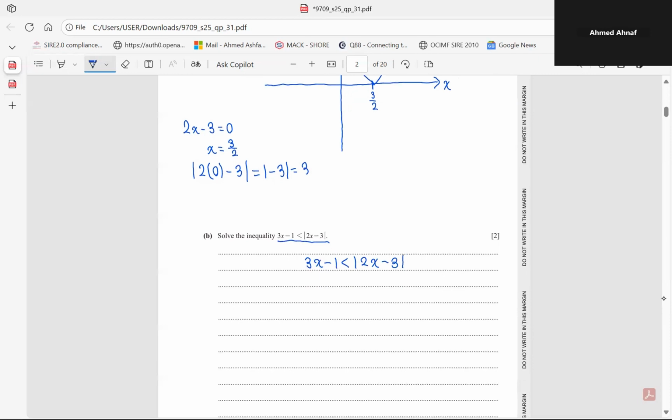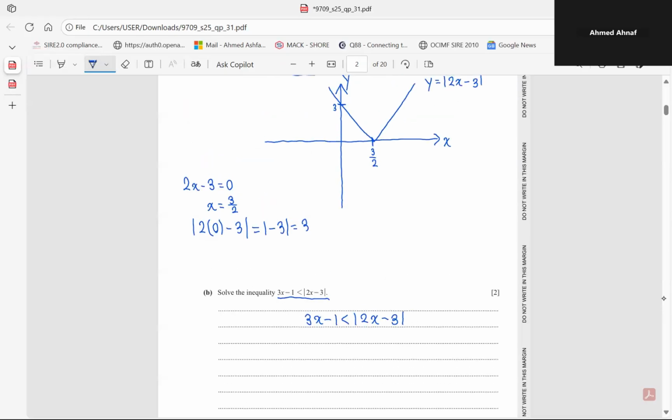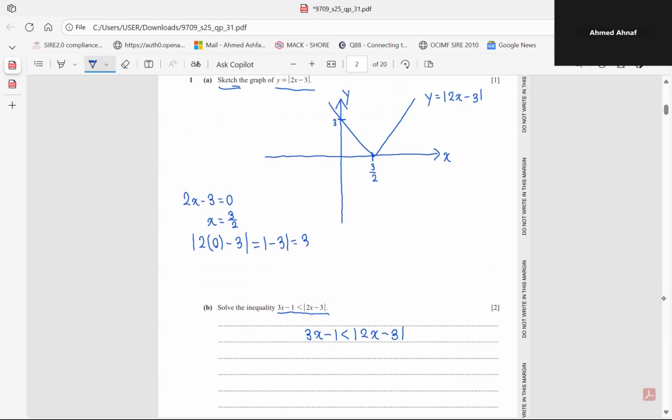First, let's draw a sketch of the function on the left-hand side to see how many intersection points there would be. If you substitute y equals 0, you find the x-intercept, which would be 1/3, so somewhere here.